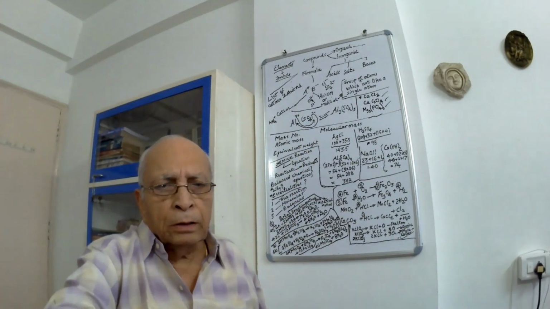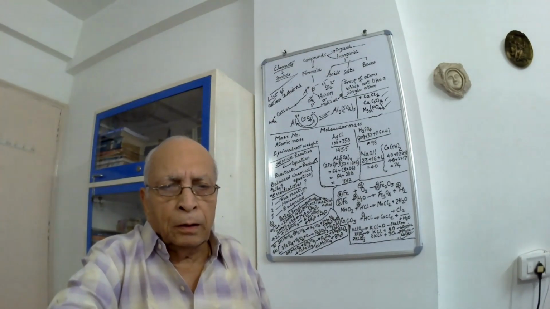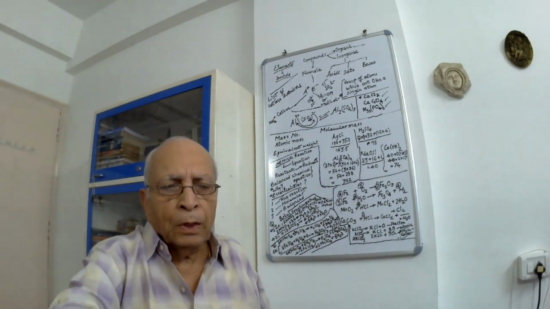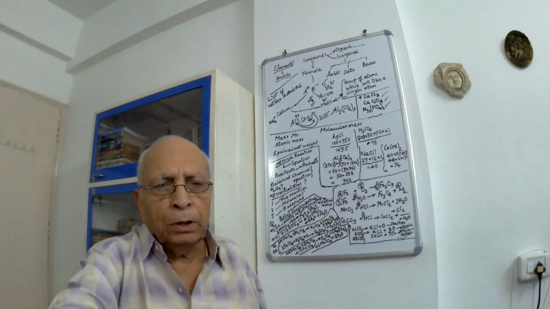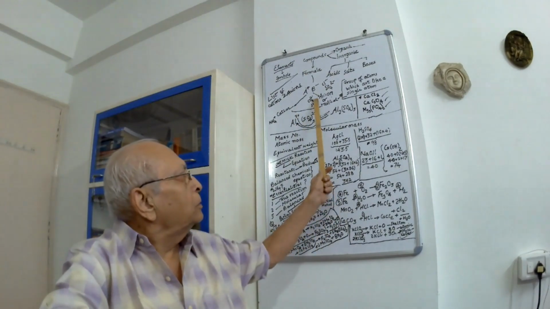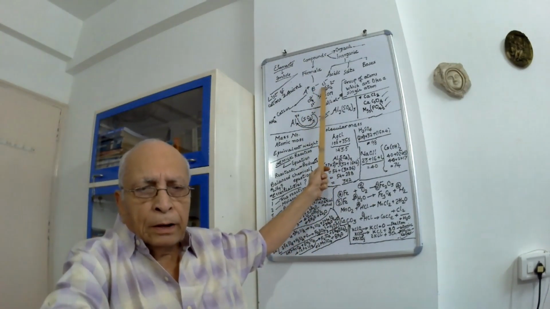Contrary to this, the negative part of a compound has an excess of electrons, and therefore that is represented as a minus. Again, the number of electrons in excess is represented as a negative sign.